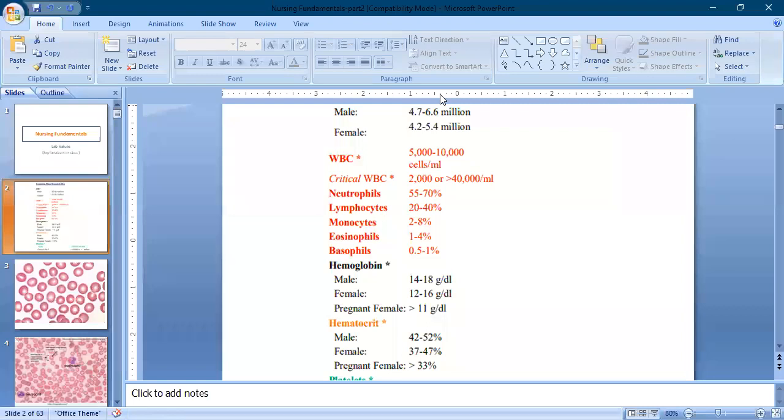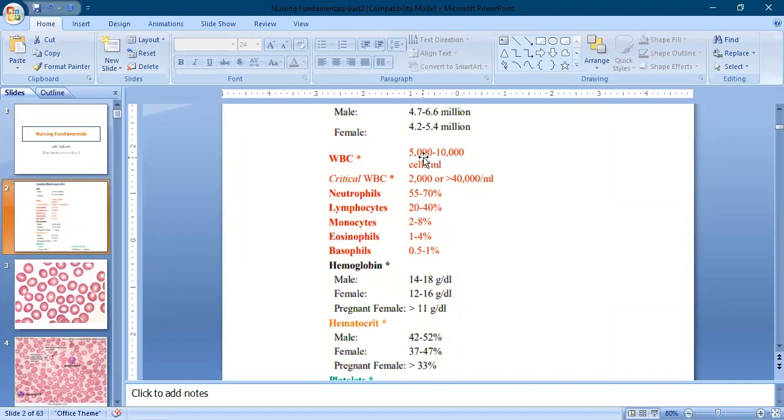So basically, the expected range of white blood cell is 5,000 to 10,000 cells per cubic millimeter.